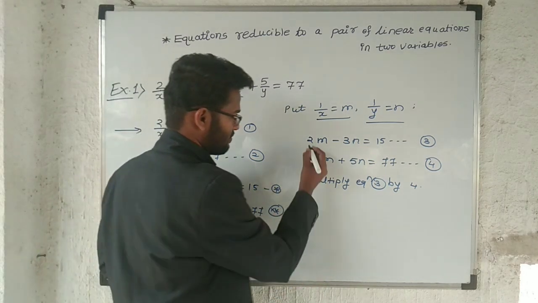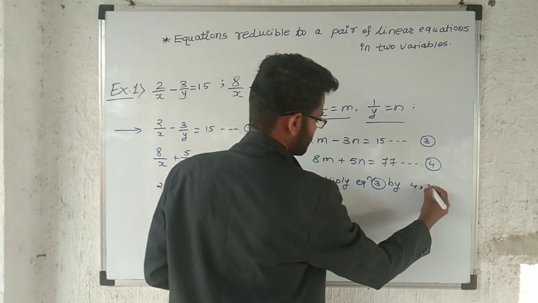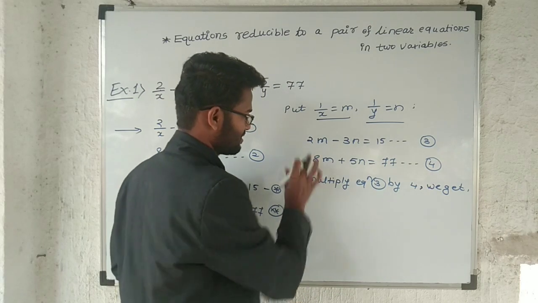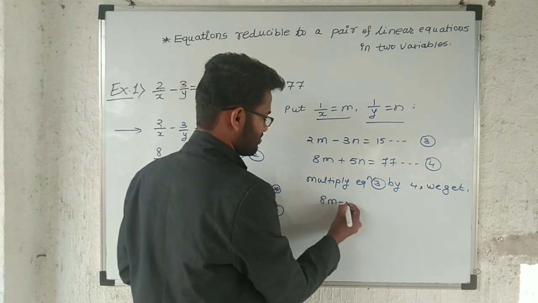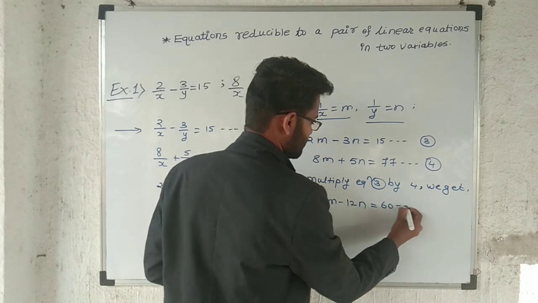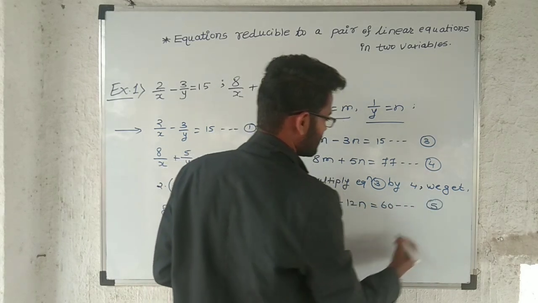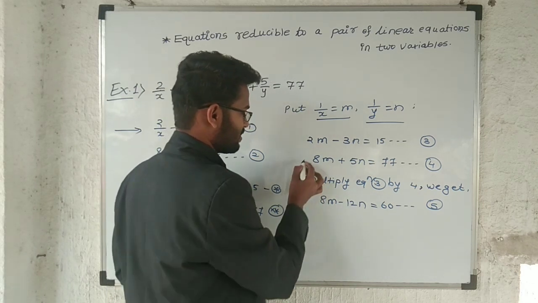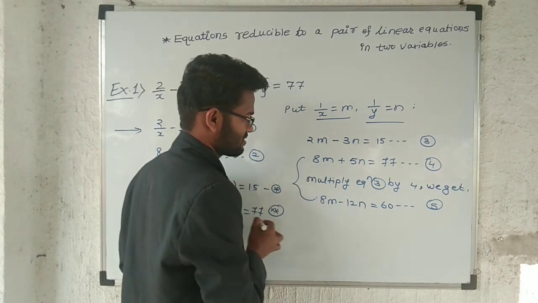From equation number 3, by multiplying, we get 8m minus 12n is equals to 60. This is equation number 5. Now, for the elimination of m, we are solving these equations.